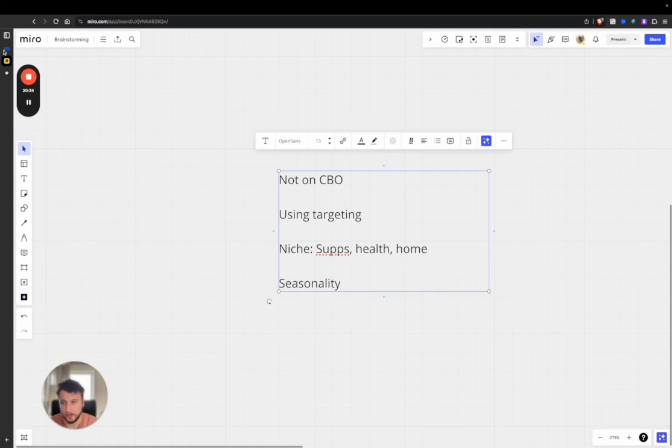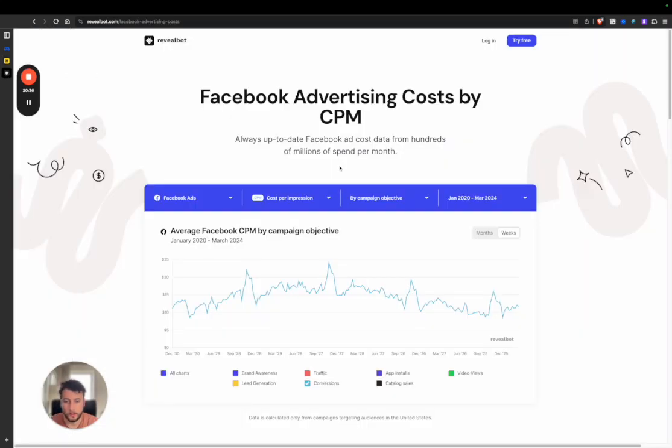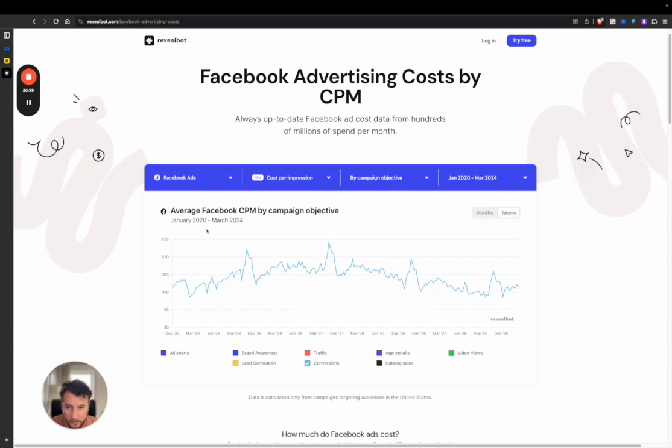Okay, and just to show this to you a little bit more, we can look at average Facebook CPM by conversions. We can see, depending on the month and depending really on the year as well, that there's a big fluctuation, every December it peaks, etc. Each month is very, very different, and years are different as they introduce more ad formats.